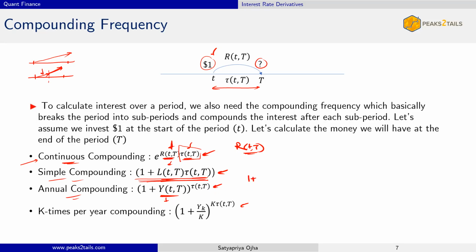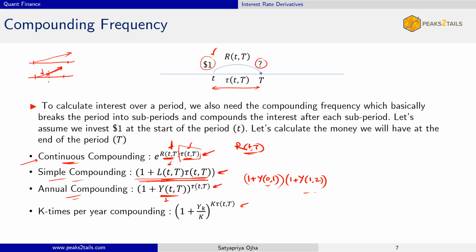In the first year, you grow your money from 0 to 1, and this is how much you'll have at the end of the first year, based on the rate applicable for the first year. In the second year, you earn interest on top of this amount which you already accumulated, so 1 plus Y from first year end to second year. And you keep doing that.